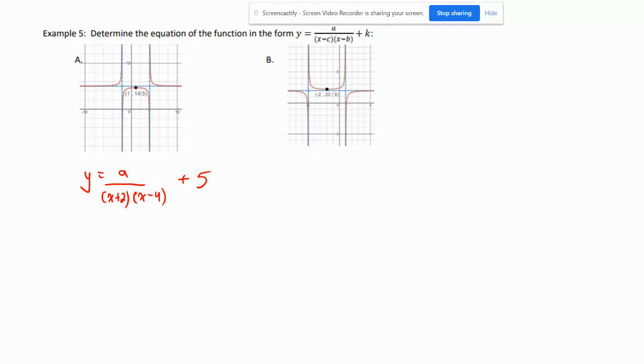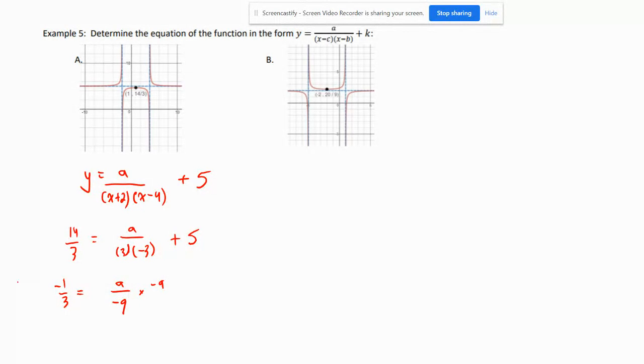Now I'm going to take in the point 1, 14 over 3. 1 plus 2 is 3. 1 minus 4 is -3, plus 5. So I'm just going to go on my calculator. 14 over 3 minus 5 is -1/3 equals a over -9.